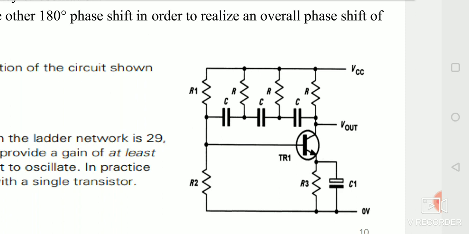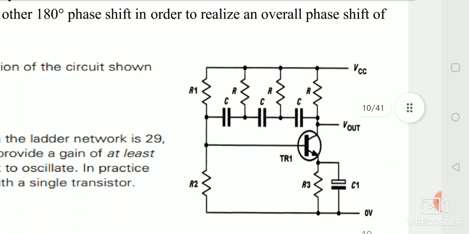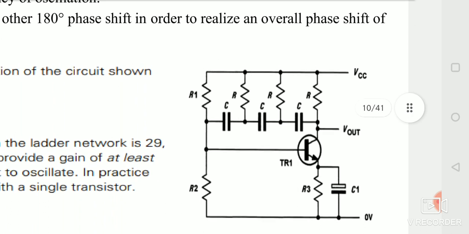So you can see a 3-section R1, C1, R2, C2, R3, C3 and R, and it is designed in such a way that each section produces a 60 degree phase shift. So 60 into 3, you will get 180 degree. So that is what is Barkhausen's criteria.